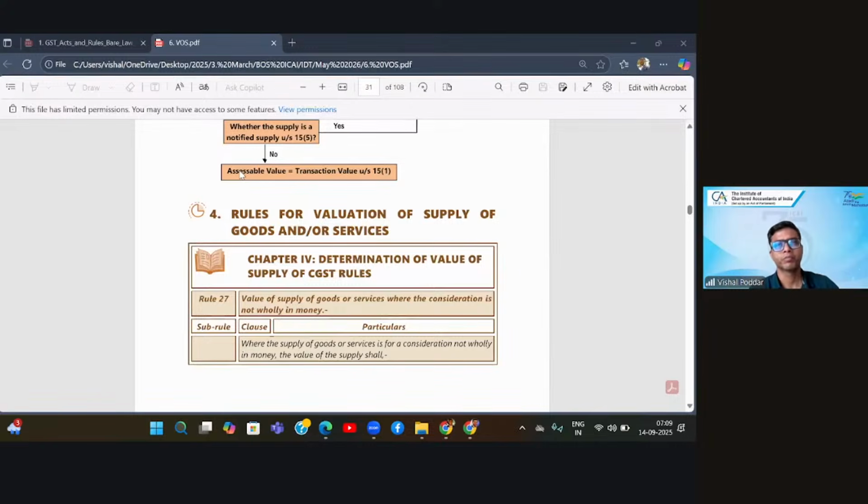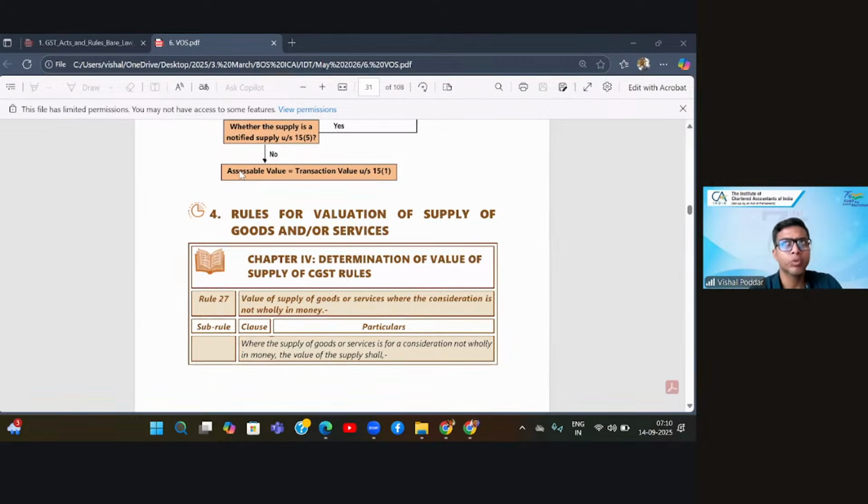The only thing to be established is that the consideration should have a direct linkage with supply. If the consideration is in response, for the inducement of, as a counter to the supply, then only it is considered as a consideration.